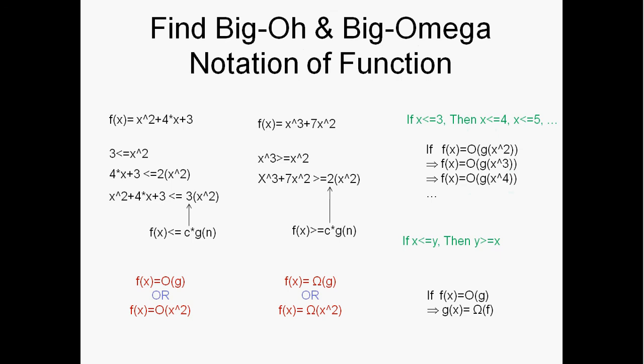Actually in the definition, they write belongs to, like f belongs to order of g, but it has become a tradition that they have replaced belongs to with equal to. So we'll also go on the same way, like here we are writing f function equal to order of function g, right? But really we can write it as belongs to.